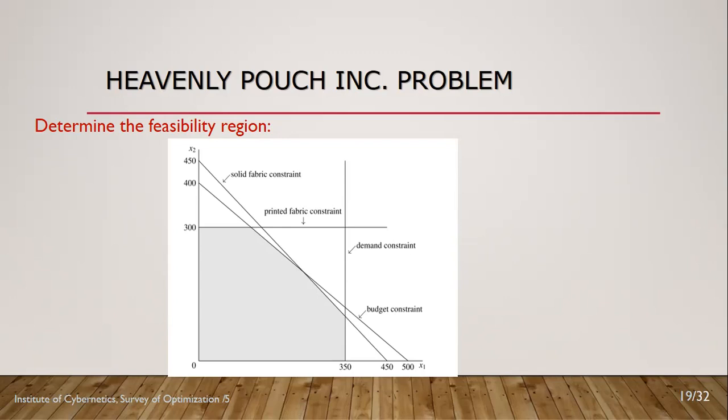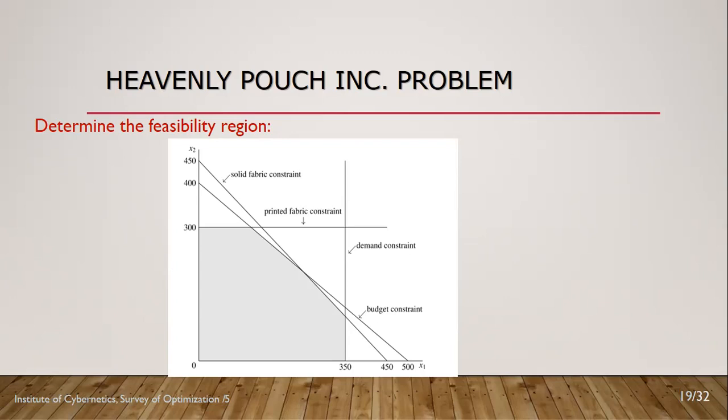Speaking of which, how should we determine the point that is optimal? Or maybe there is more than one optimal point. Obviously we need to look at the objective function first. This is just the feasible region, but we also need to pay attention to the objective, what we want to achieve.